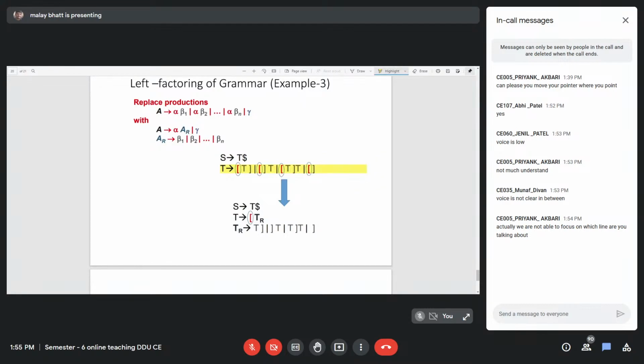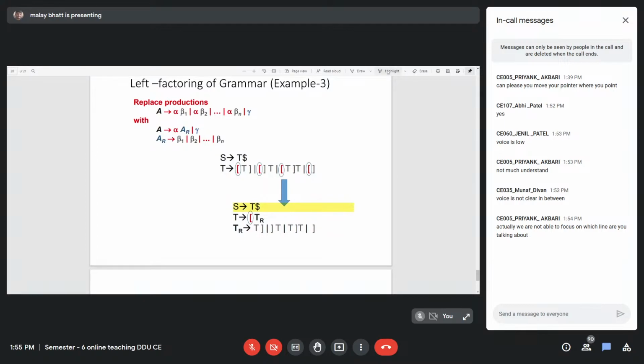So now we'll rewrite this rule. S gives T dollar. There is no need to apply left factoring on this line.